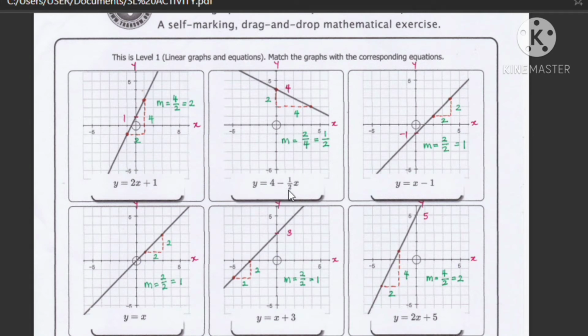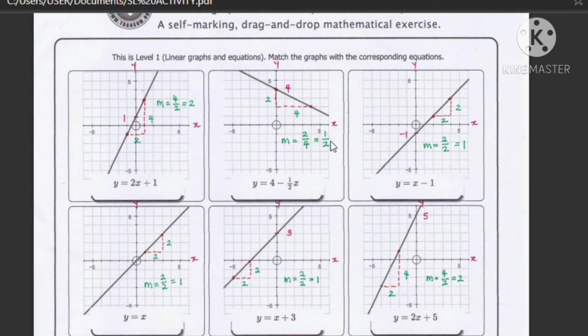It's still the gradient. So 4 will be the y-intercept, where the straight line crosses the y-axis, so it crosses at 4 here.